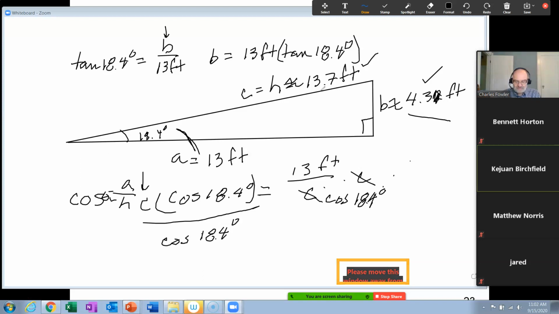Help me somebody. Cosecant, excellent. What is adjacent over hypotenuse? Cosine. What's opposite over hypotenuse? And what is opposite over adjacent? Tangent, yes, y'all know them.